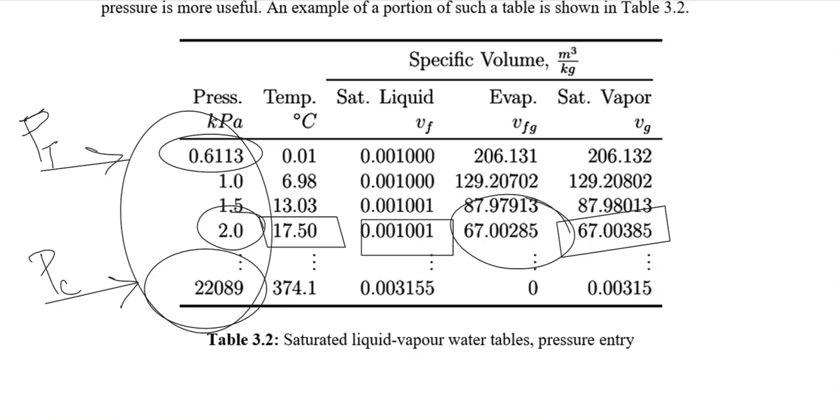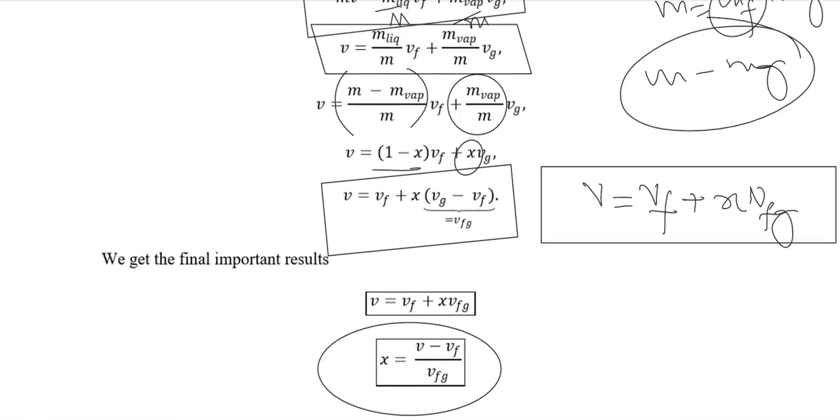That means our table starts from the triple point, it can be just TP. So our pressure starts from the triple point and ends at the critical point.